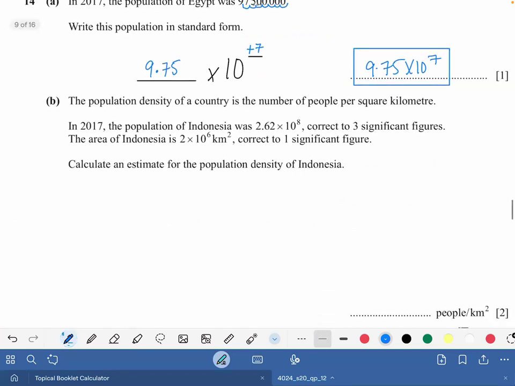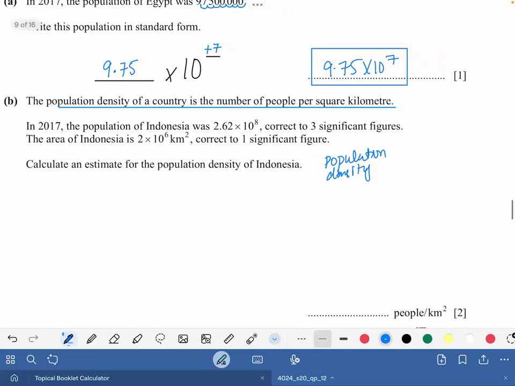Then the population density of a country is the number of people per square kilometer. So population density is how many people you have in per square kilometer.